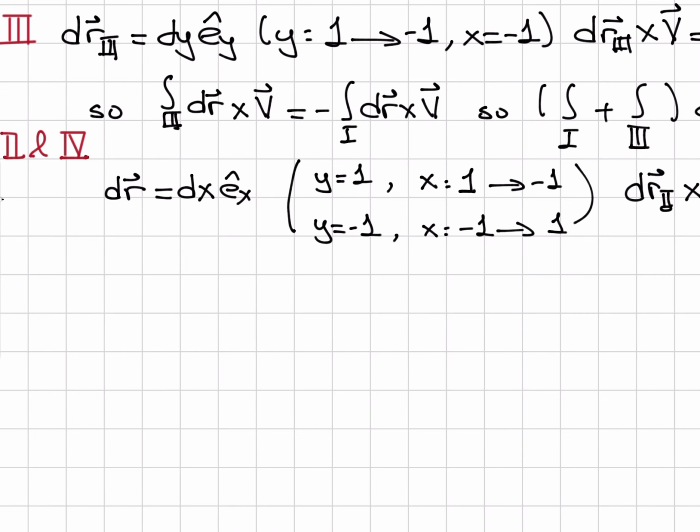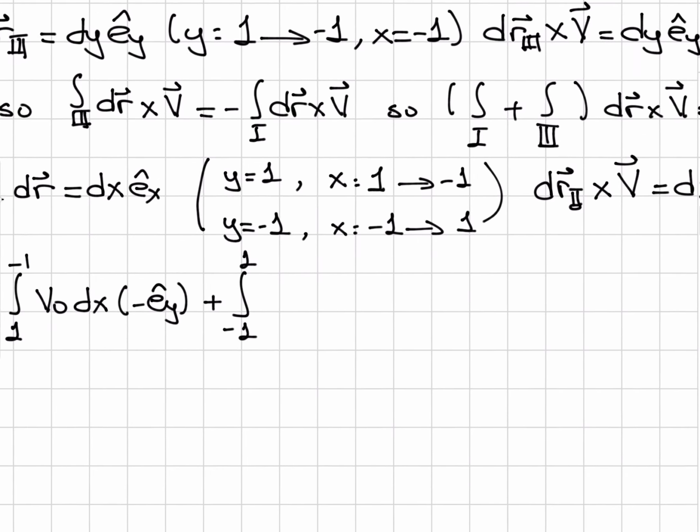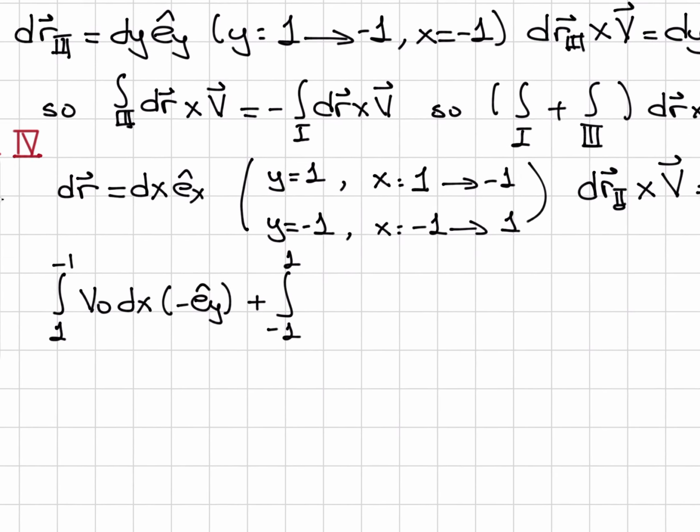So the integral from plus 1 to minus 1, v0 dx minus ey hat, and then the integral from minus 1 to plus 1, because dr2 is equal to dr3. This is true for both segments 2 and 4. So v0 dx minus ey hat. Once again, this is 0.